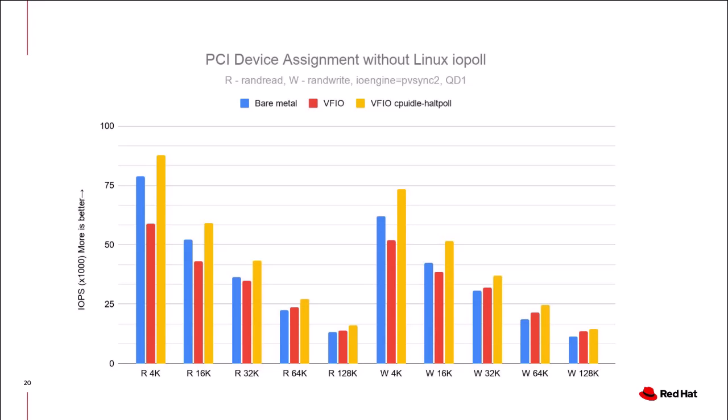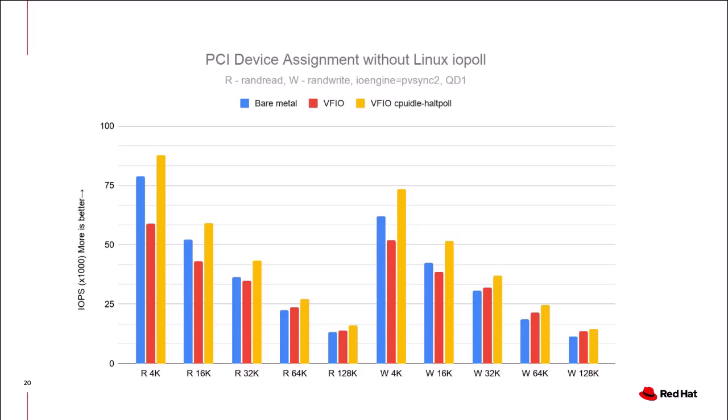All right, so now here's our first graph. These are the results for doing random reads and random writes, QD1, on an NVMe drive. What we see here is the blue bar, the leftmost one, is the bare metal result with the NVMe drive. The red bar, the one in the middle, is the VFIO result.